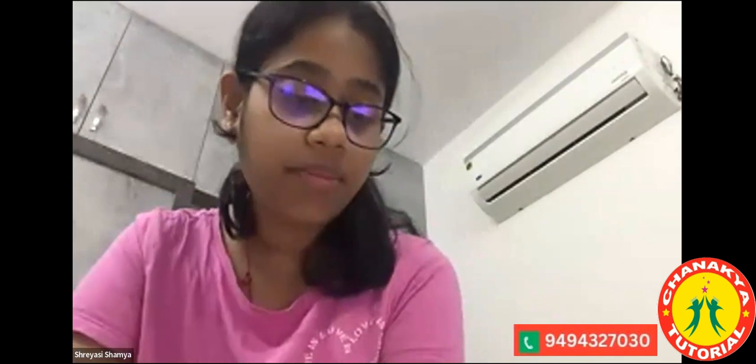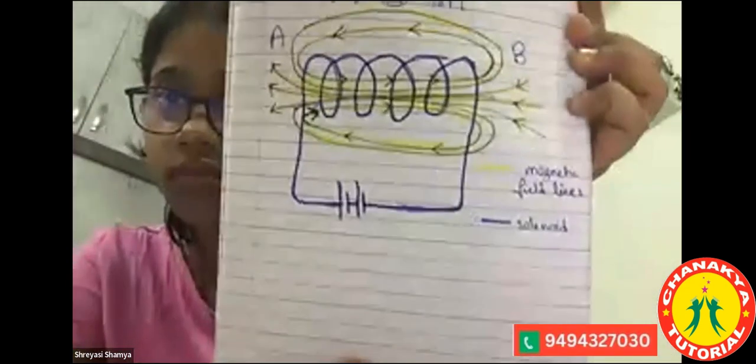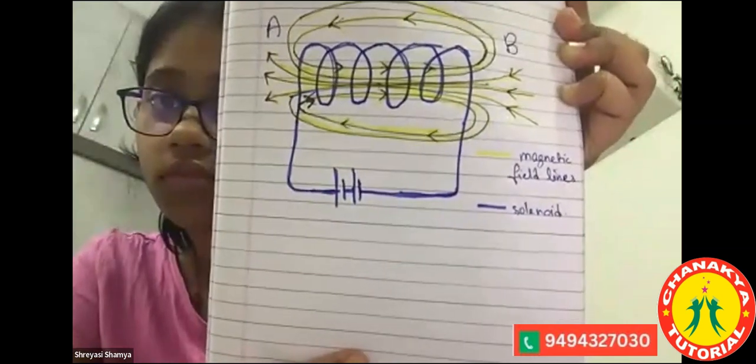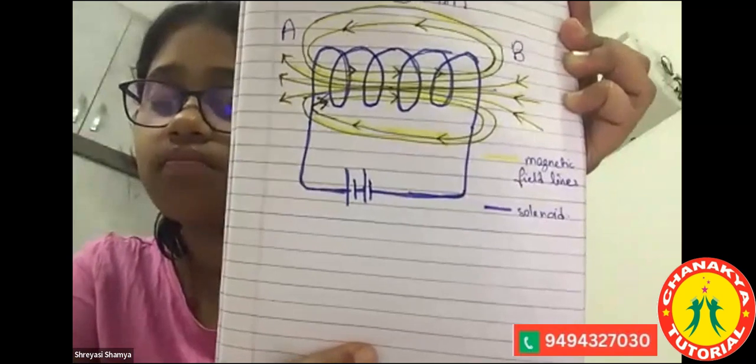Sir, that is why I put A and B on the corners. Show it once more. I don't think that it's okay. It can be considered good, but if you want to score full marks, then it's not correct.